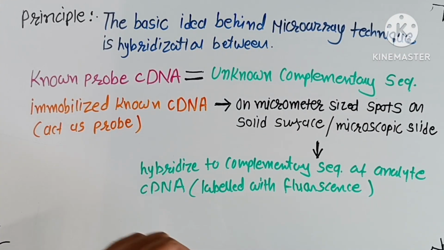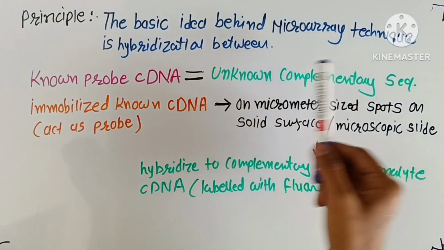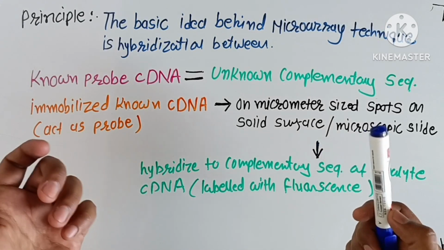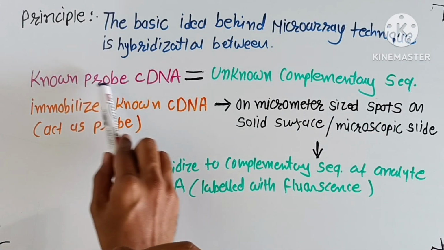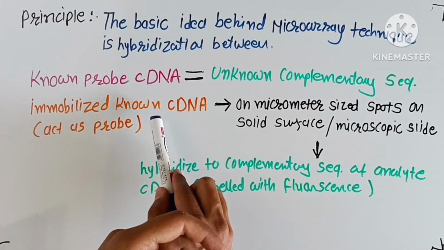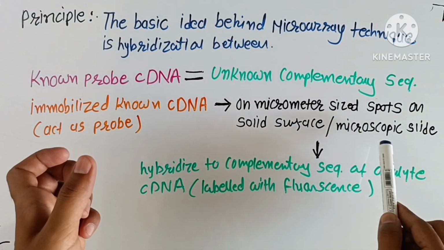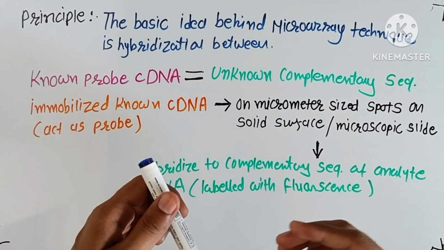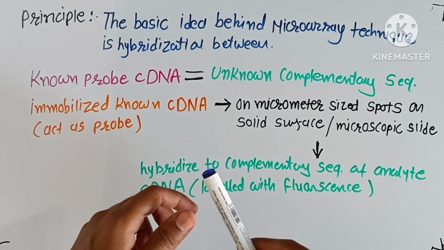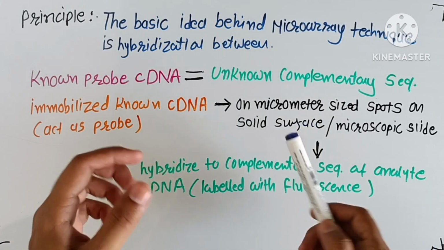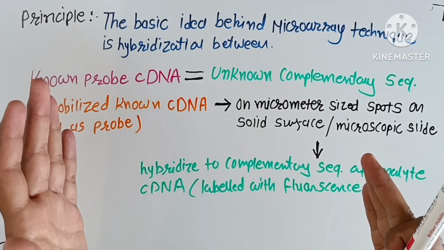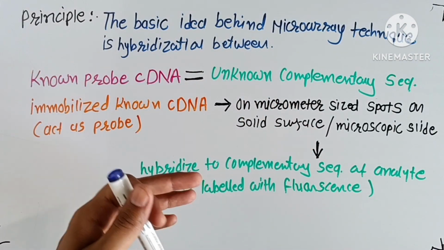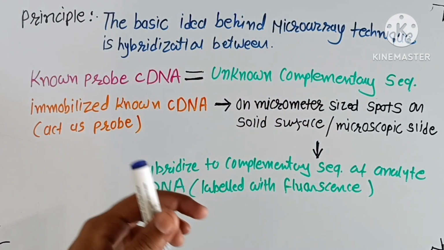Let us talk about the principle. The basic idea behind this microarray technique is hybridization. Hybridization means the formation of an H bond between two elements. Here the first element is the known probe cDNA, which is immobilized on a microscopic slide, and the other one is an unknown complementary sequence, which is our analyte, converted into cDNA. An H bond is formed between these two elements, and a signal is generated via color formation.